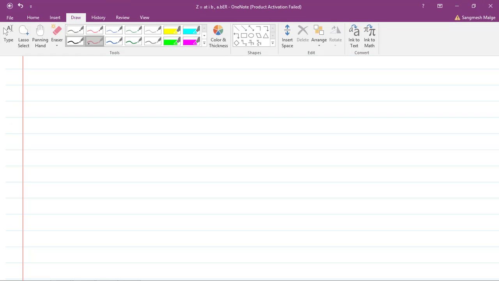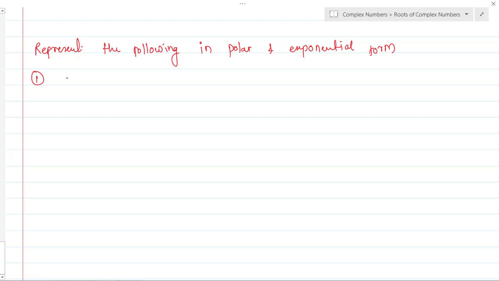First question is, represent the following in polar and exponential form. The first complex number they have given is z is equal to 4 plus 4 root 3 i. Z is equal to 4 plus 4 root 3 i.